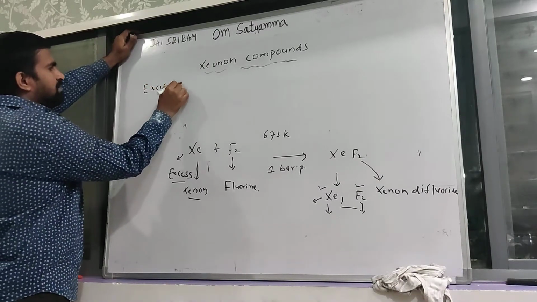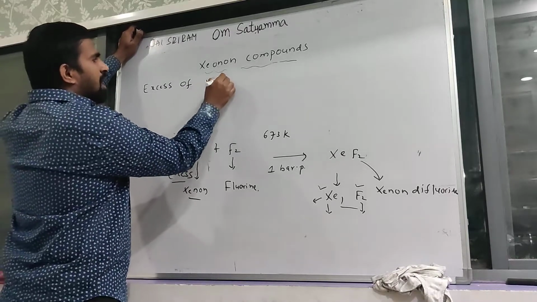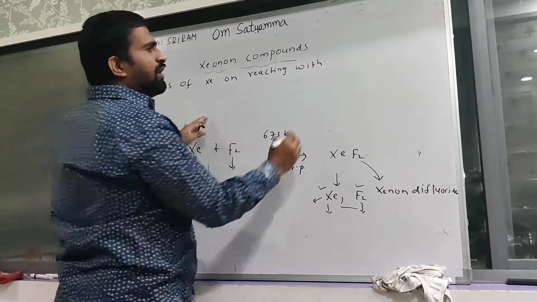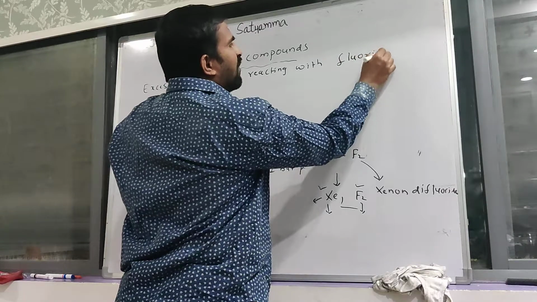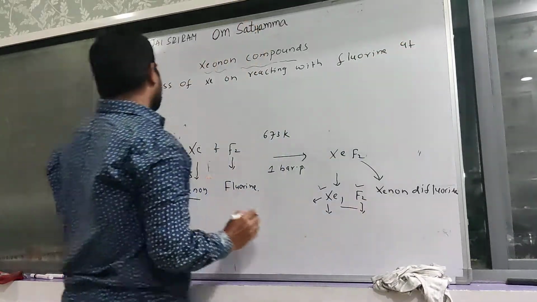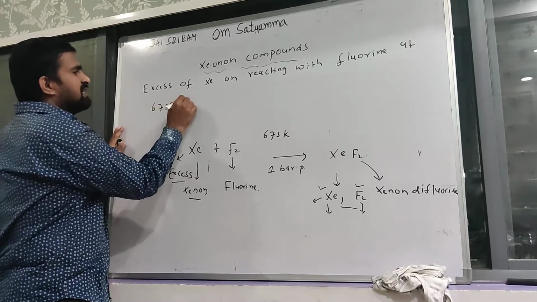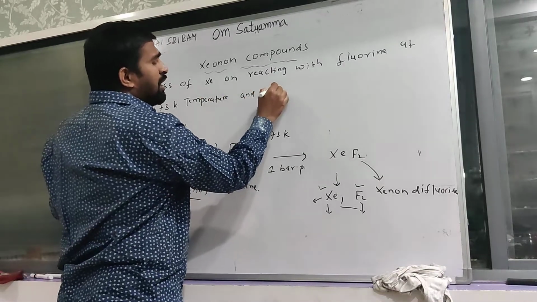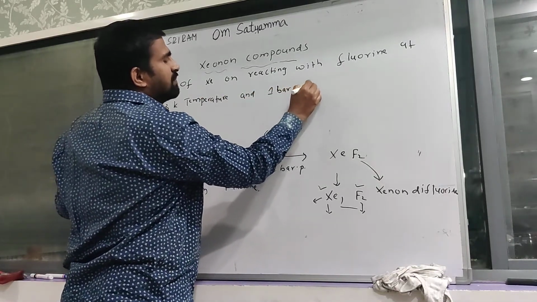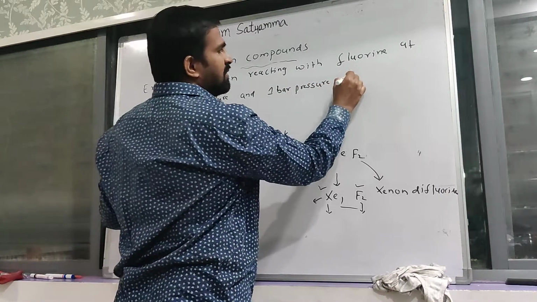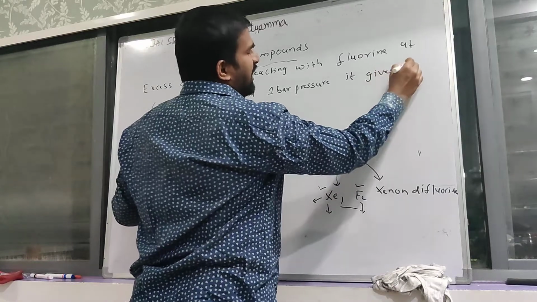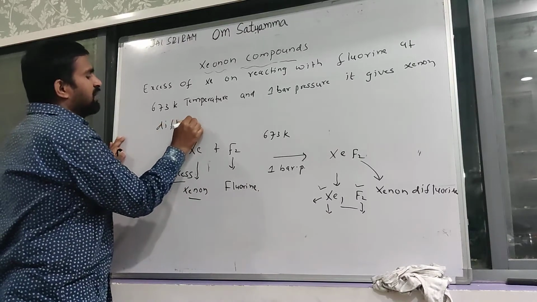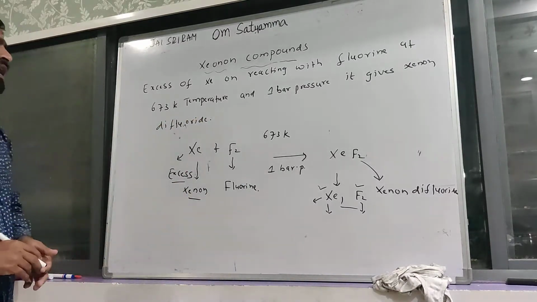Excess of xenon on reacting with fluorine at 673 Kelvin temperature and 1 bar pressure gives xenon difluoride. You can prepare xenon difluoride like this.